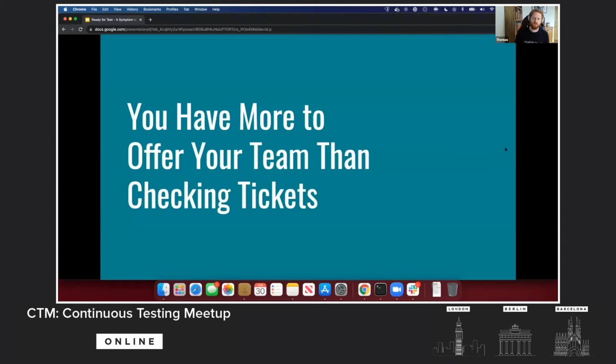Yes, some tickets are more technical in nature, and they may require someone more technical to review and sign off on them. But that doesn't need to be you. That could be one of the developer's peers. They could look at that ticket and make those checks. There are things that you can be doing instead, like we've just spoken about, that are much more valuable for your team.